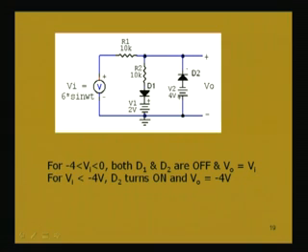When the input voltage is in the negative half cycle, till the point when the input voltage magnitude is less than 4 volt, this diode D2 will not conduct. When the negative voltage has a magnitude greater than 4 volt, then this diode will be conducting; this point is at a higher potential than this point in the negative half cycle we are considering.